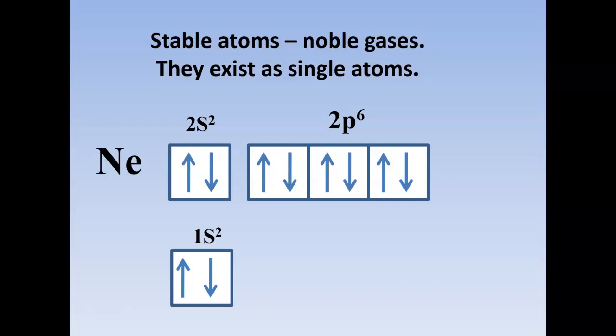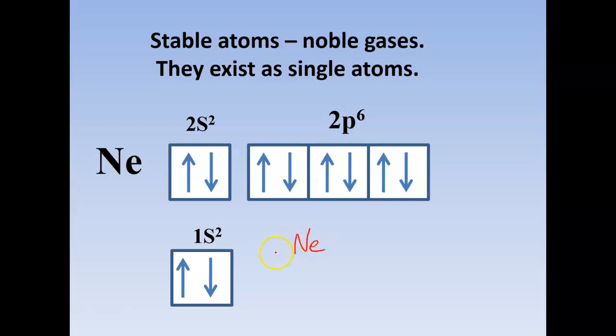It's one of the noble gases. Noble gases exist as single atoms. And you can see here there is a picture which shows us the electron formula of the neon atom, and we can write it in this way, like you are already familiar with.